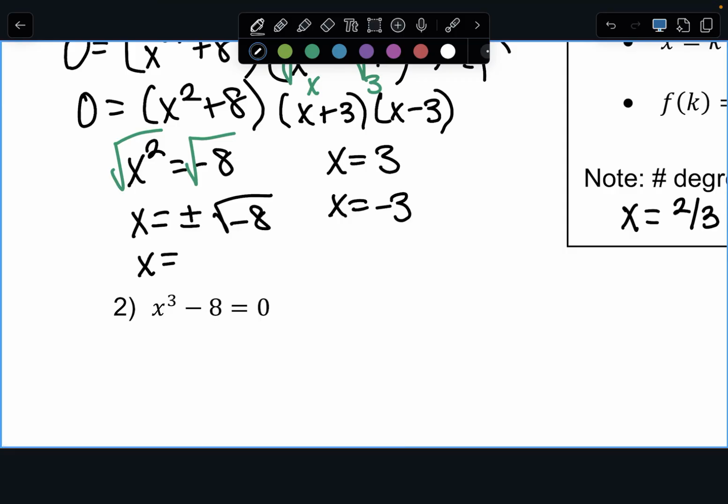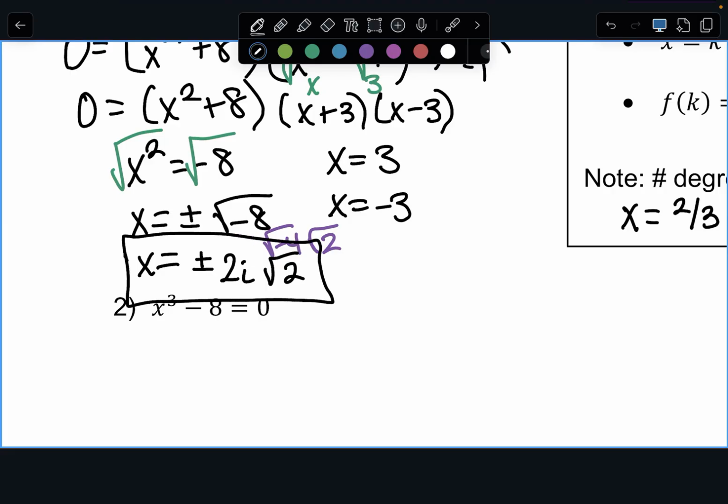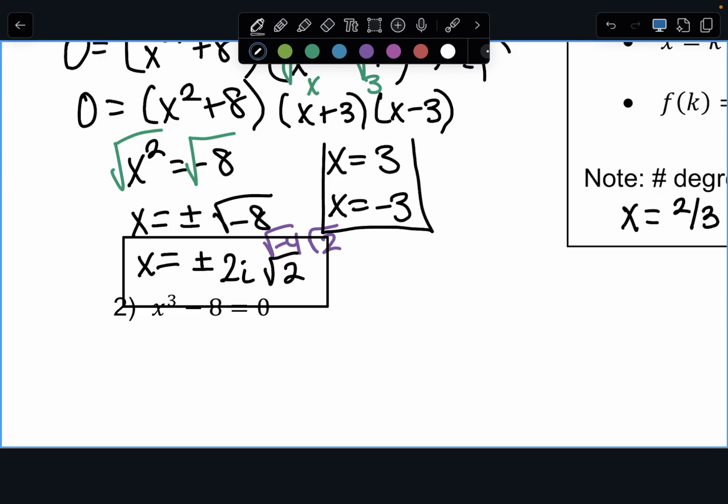What perfect square factor fits into 8? 4. So I'm going to rewrite it as the square root of -4 times the square root of 2. Would we lose points if we forget to take out the i? Yes. What's the square root of -4? 2i. So we get 2i root 2. And that accounts for 2 of my solutions. My 3 and my -3 are my other 2. So 4 total.